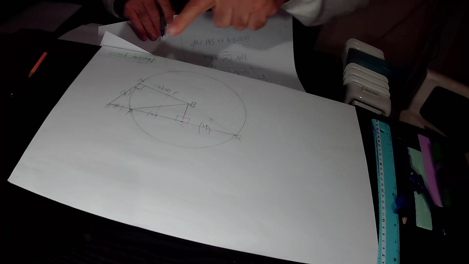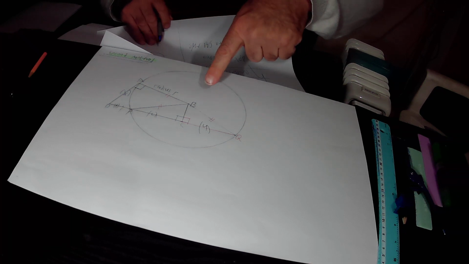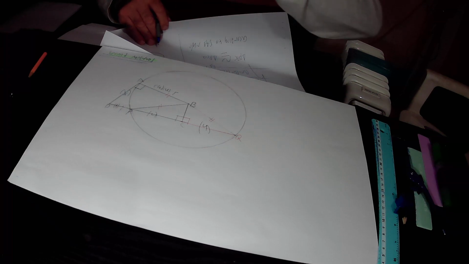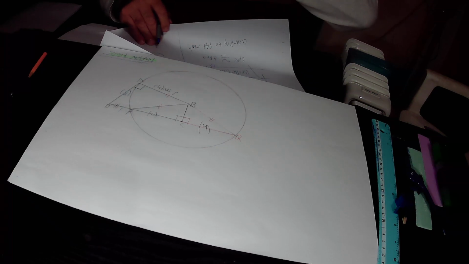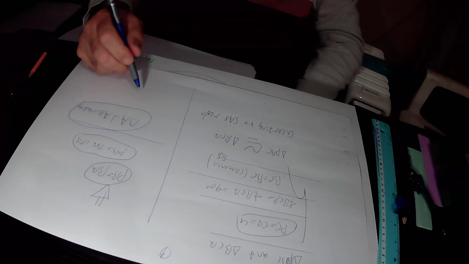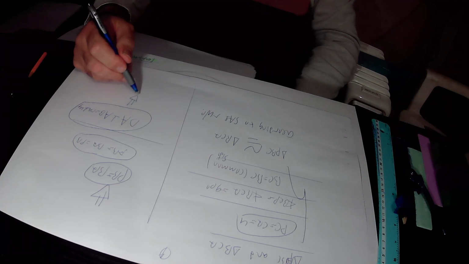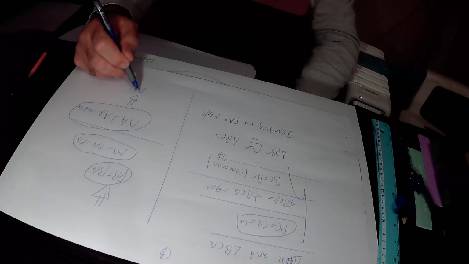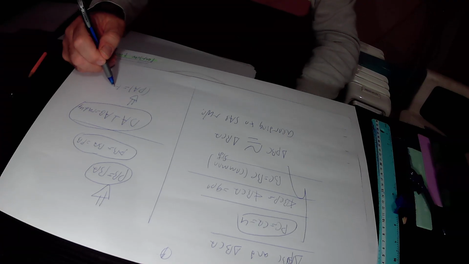And because DA is perpendicular to the radius AB at point A, DA is a tangent to this circle at point A. Therefore, DA is a tangent to the circle.